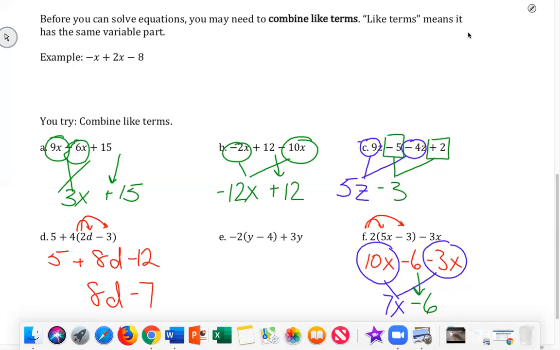I got negative 2y minus 8 and plus 3. So hold on, you got negative 2y and 3. You just got y.